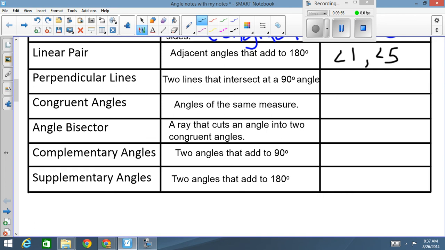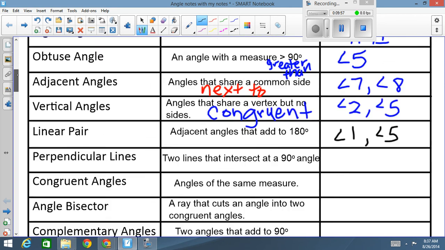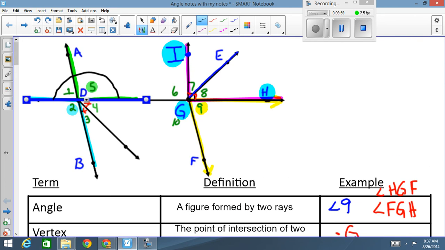All right, perpendicular lines: two lines that intersect at a 90. In this case, the only 90-degree angle that we see on our entire picture is this 90-degree angle right here.